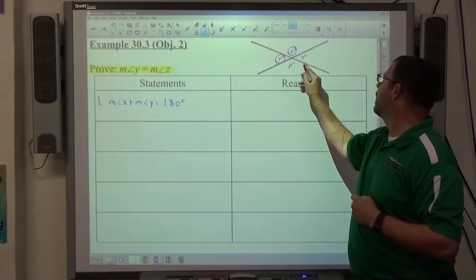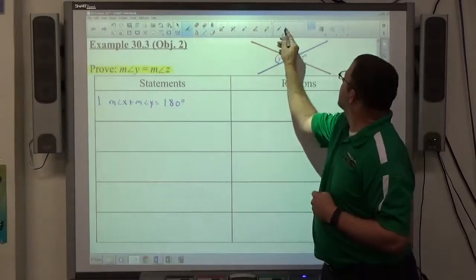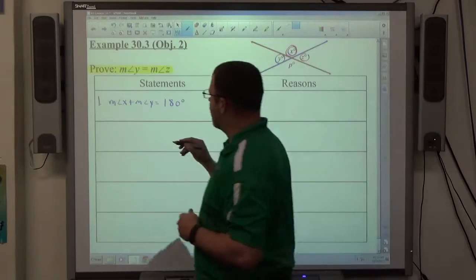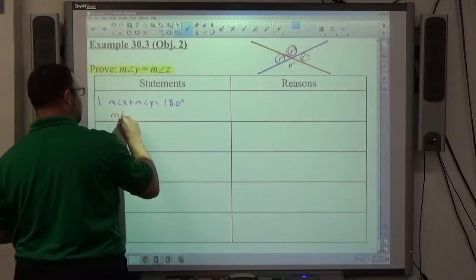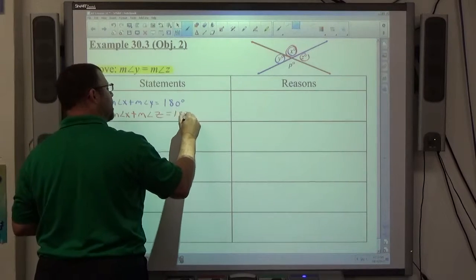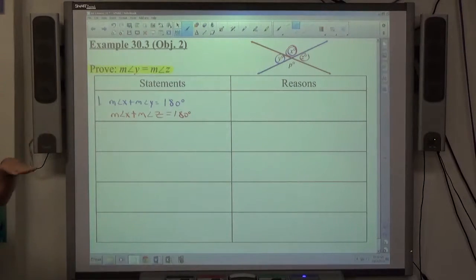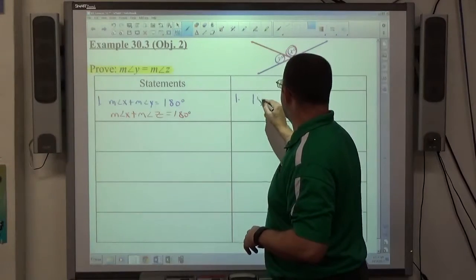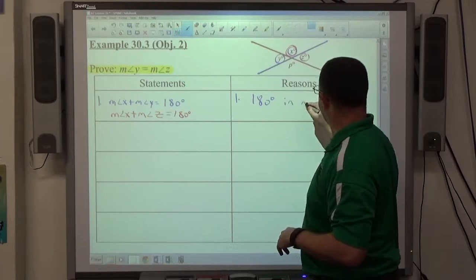If we take a look at the other line there, angle x and angle z make that straight line. So I can also say measure of angle x plus measure of angle z is equal to 180 degrees. If I'm using the same reason for several things, you can list those several things. The reason for both of those is 180 degrees in a straight line.